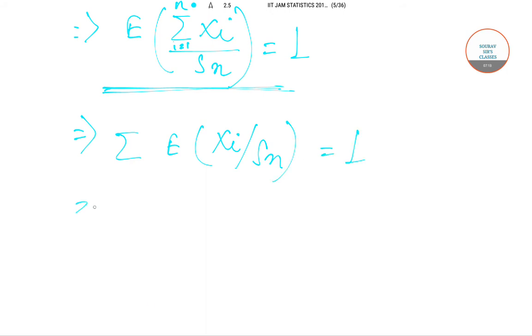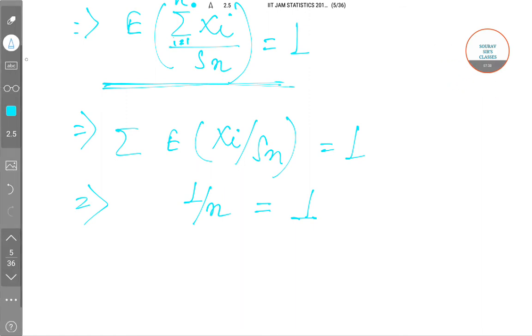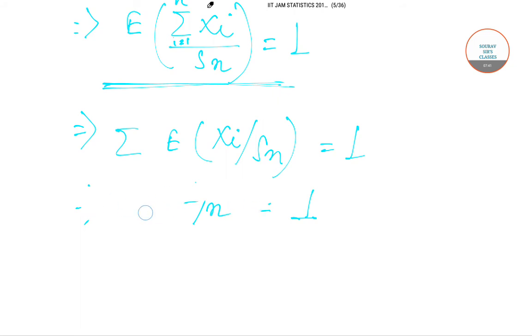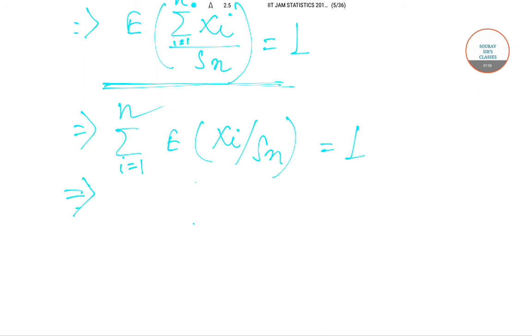This is equal to 1, and this gives us n multiplied by expectation of xi by Sn is equal to 1.